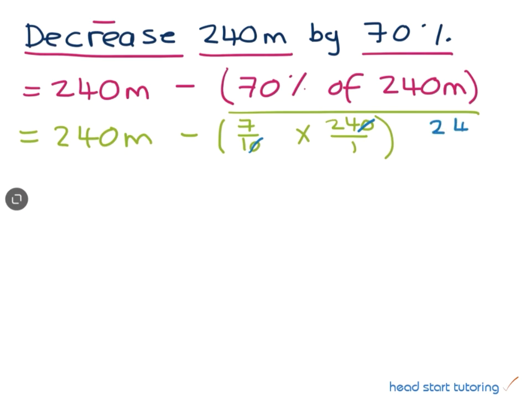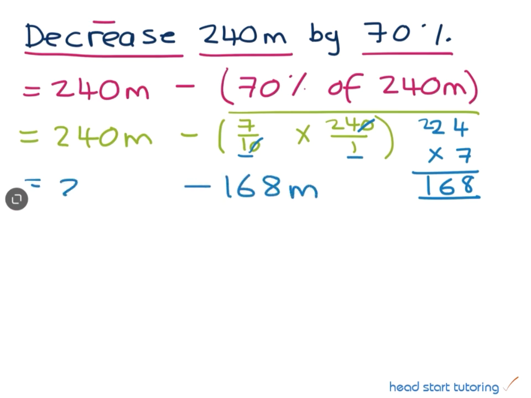And then we work out 24 multiplied by 7. 7 times 4 is 28. 2 times 7 or 7 times 2 is 14 plus 2 is 16. So we end up with 168 over 1 because 1 times 1 is 1. So we're minusing 168 meters from 240 meters.